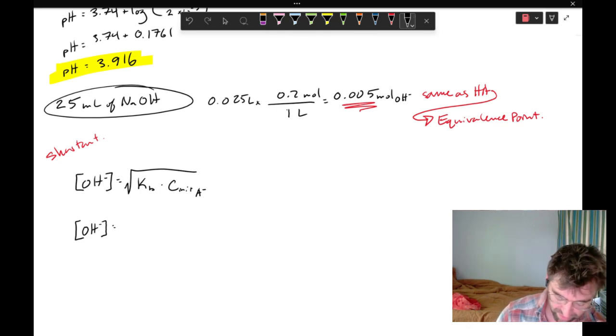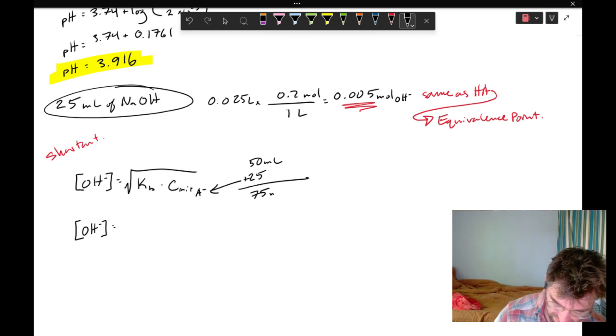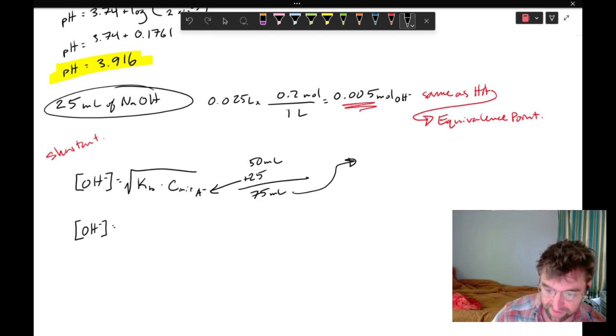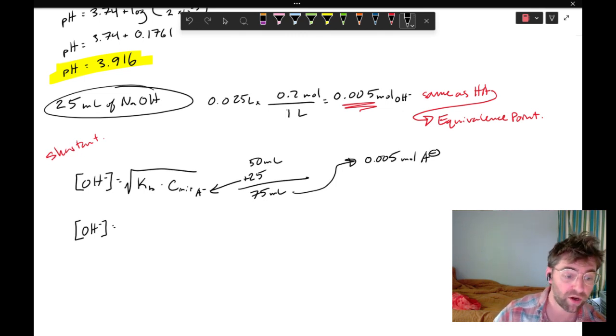This concentration, we also need to figure out what our new volume is. So we started with 50 milliliters of solution. We're adding 25, gives us 75 total milliliters. We know that we're going to have 0.005 moles of our conjugate base because all of that acid is reacting with hydroxide.